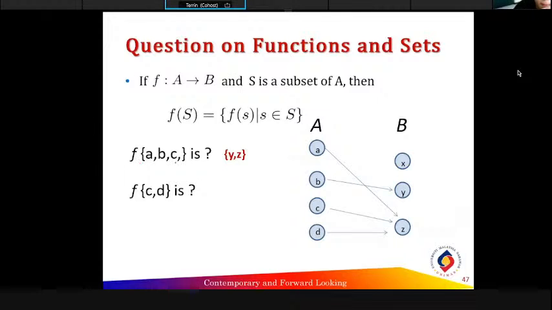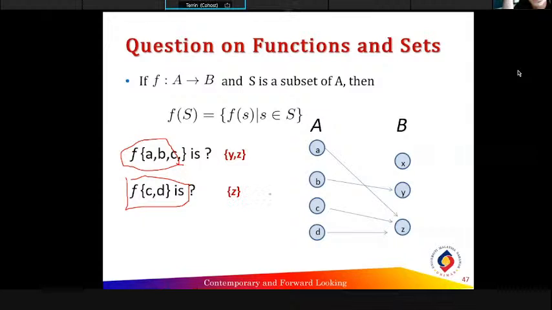What are the images for A, B, and C? Or we say f(A), f(B), f(C). This is just a fraction of the original set A. We know it's Y and Z. And what are the images for C and D? They are the same, which is Z.